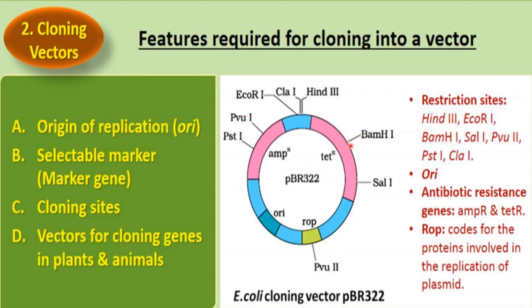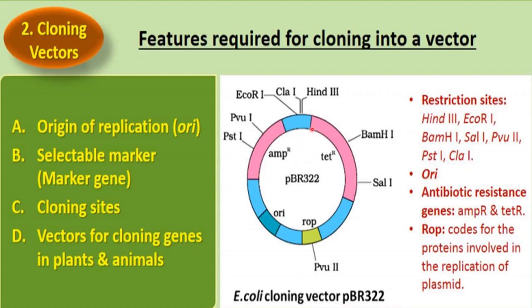If we use the restriction enzyme BamHI, it will cut this vector DNA at this site. If we are using HindIII as our restriction enzyme, it will cut this plasmid at this site. So these are different restriction sites, the cutting sites for different restriction enzymes, present in pBR322.